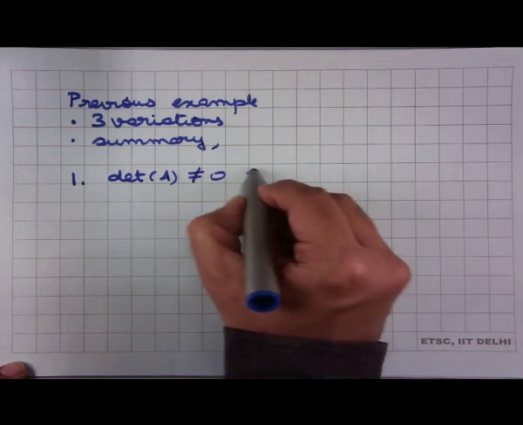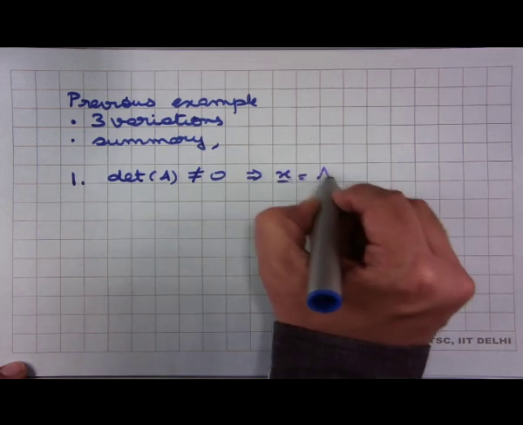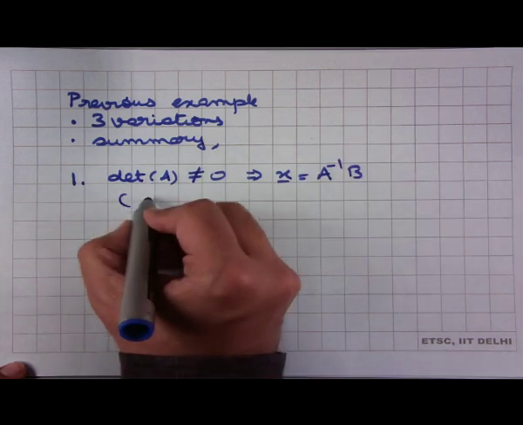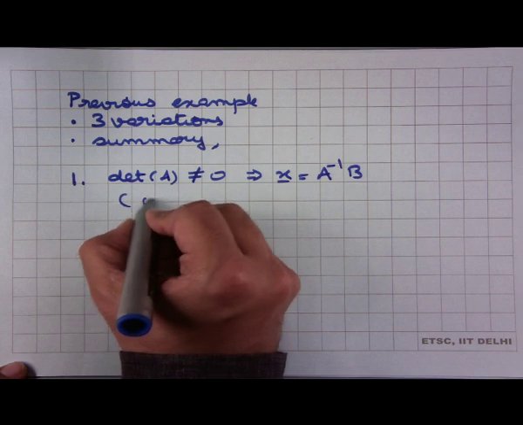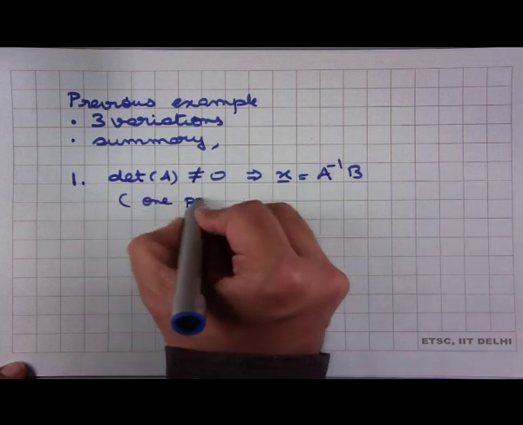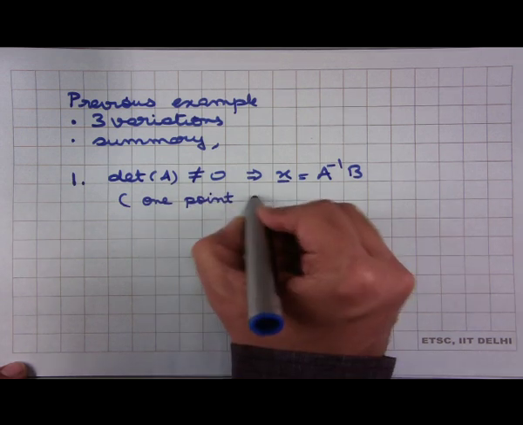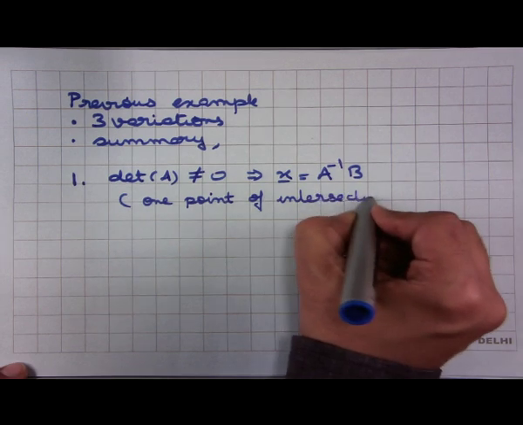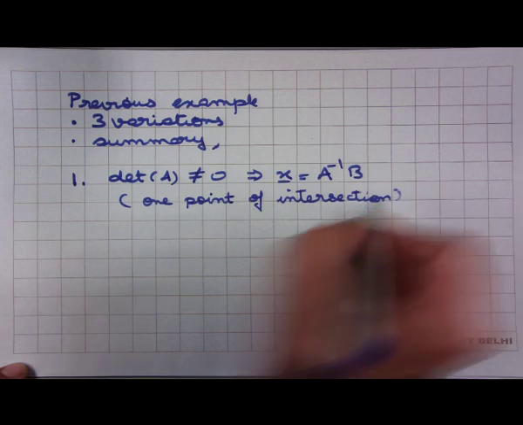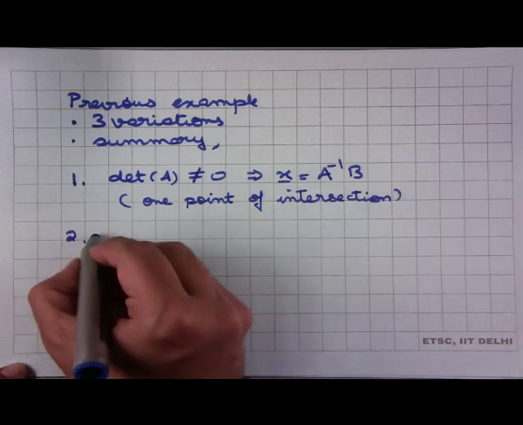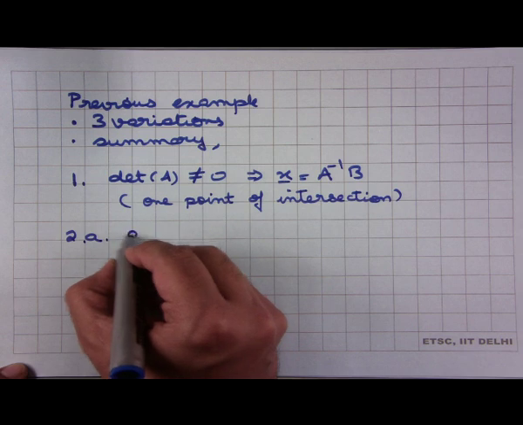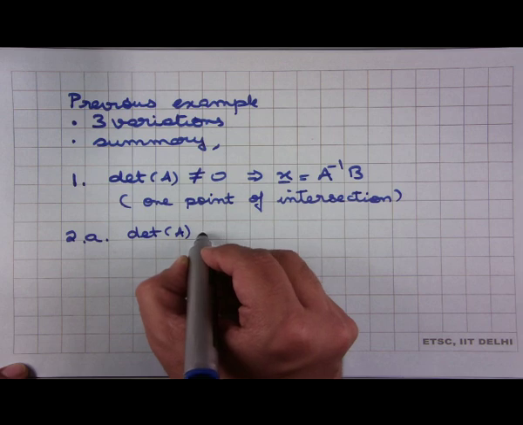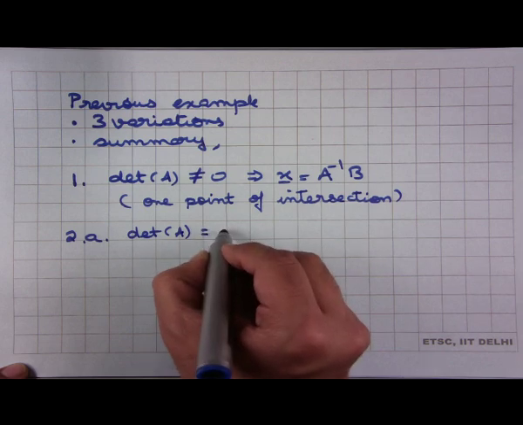So, then we could say what the solution is, A inverse B, and the underlying geometrical picture was one point of intersection. Second, in particular 2A, was when the determinant was equal to 0.